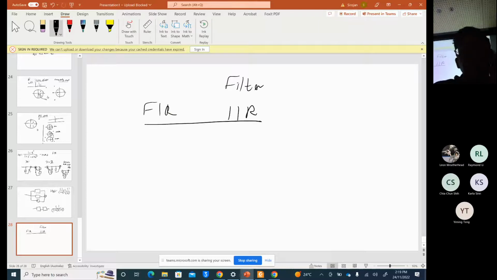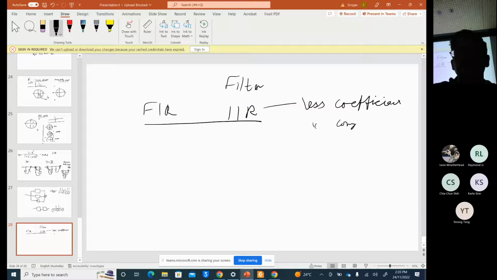Based on the number of coefficients, IIR always has fewer. This is the important property of the IIR filter. Comparatively to FIR, IIR actually has fewer coefficients. So fewer coefficients mean less complexity, so it is actually better.